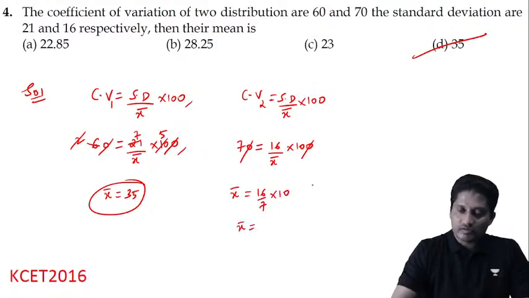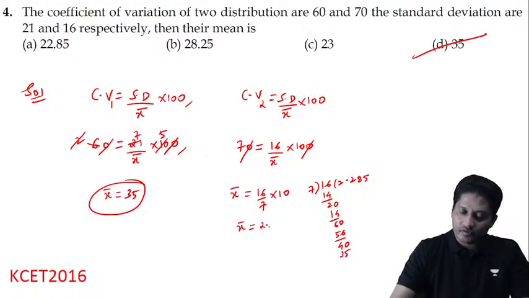When you divide by 7, 7 2s are 14, then you get the point 0. 7 2s is again 14. Okay, 7 8s are 56. Then 5 7s are 35. Actually approximately 2.285 into 10 is equal to 22.85.